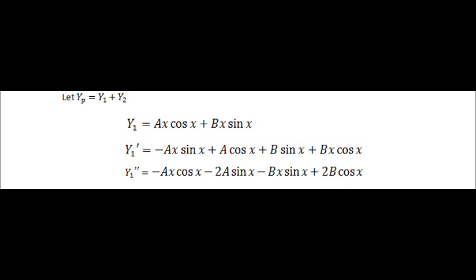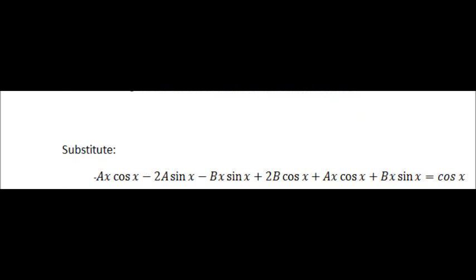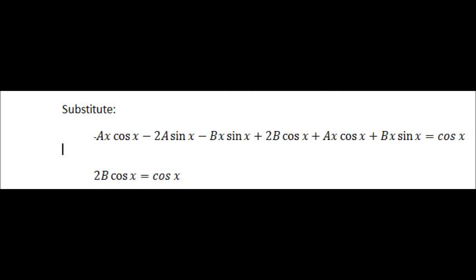So substitute this to our original equation. We have negative ax cosine x minus 2a sine x minus bx sine x plus 2b cosine x plus ax cosine x plus bx sine x equals cosine x.